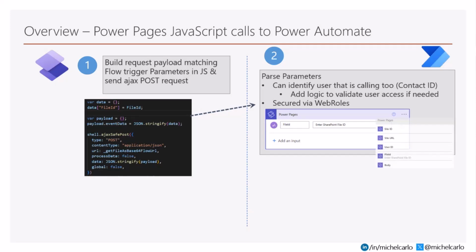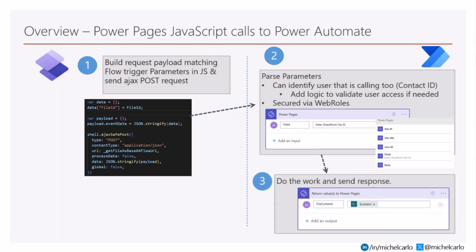And what's cool now is that you can also identify who is the user calling the flow, and you have more parameters to do some data manipulation inside of your Power Automate flow. So for example, based on the user that's calling the flow, you could do some checks to see, okay, should the user be accessing that file or not, and any other rule you might want to implement just for increased security.